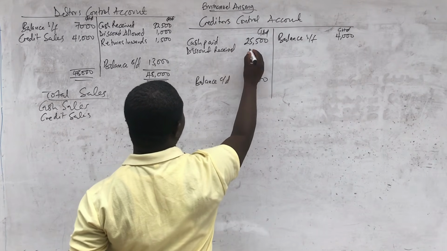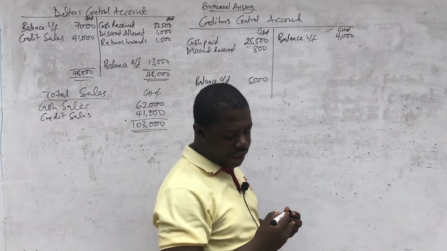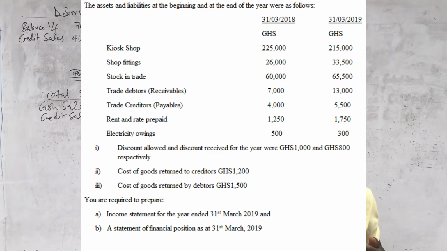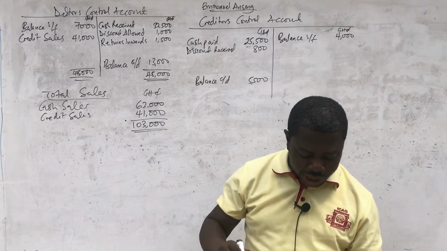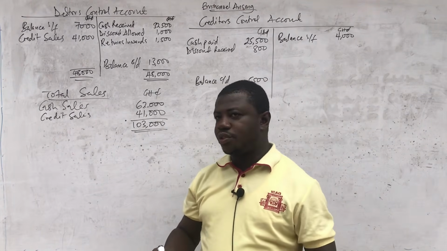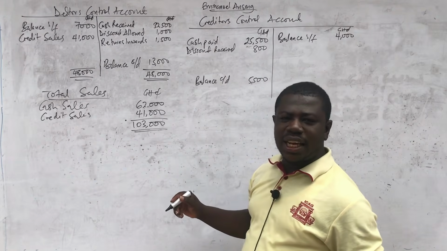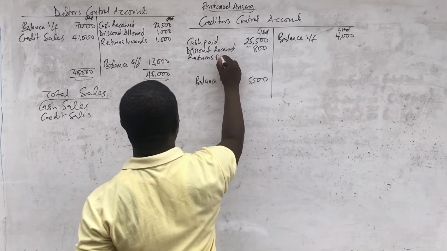So discount received of 800 Ghana cedis will be debited. And then we proceed. There are also returns, cost of goods returned to creditors. That is 1,200. That is returns outward or purchases returns, 1,200. And that will also appear on the debit as returns outwards.